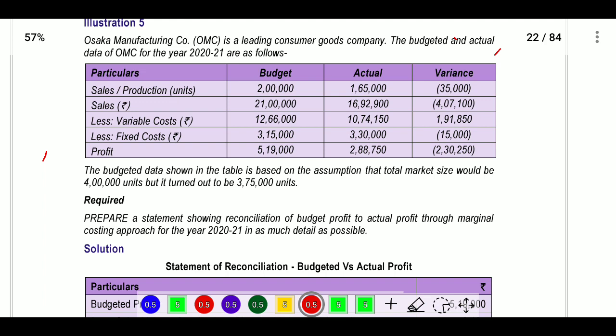Now firstly we will see what the budgeted market share is here. They budgeted 2 lakhs against a market of 4 lakhs, and the actual was 1,65,000 divided by 3,75,000.